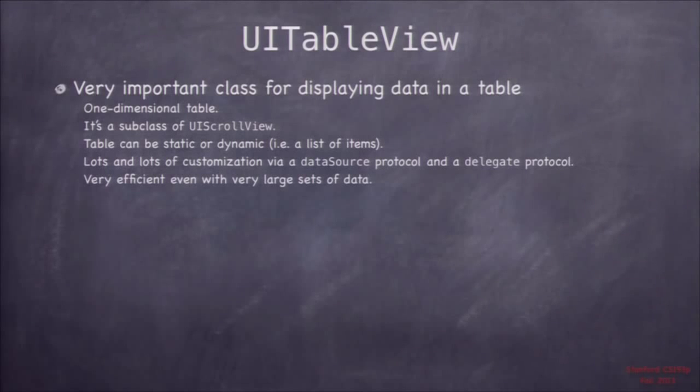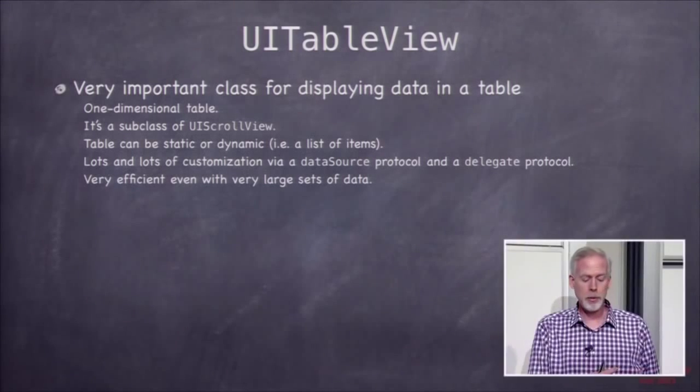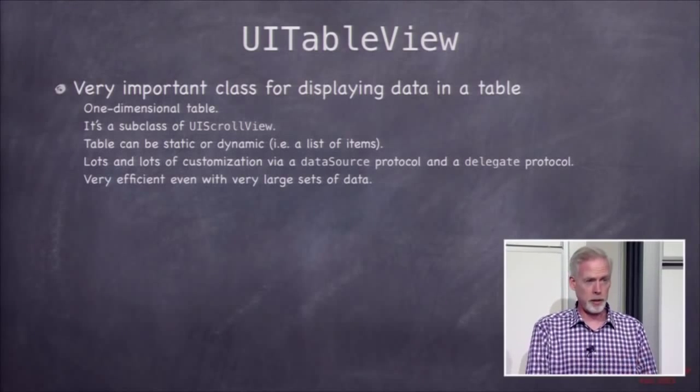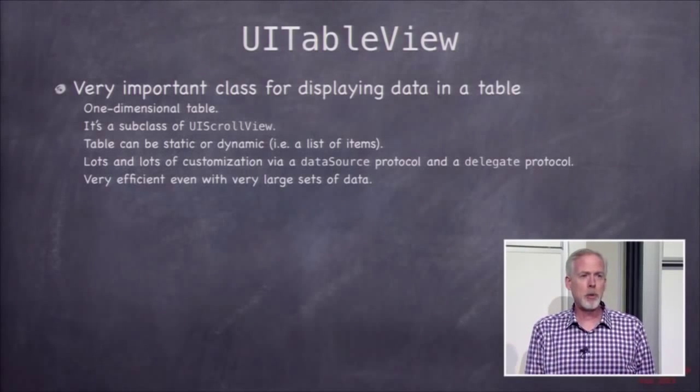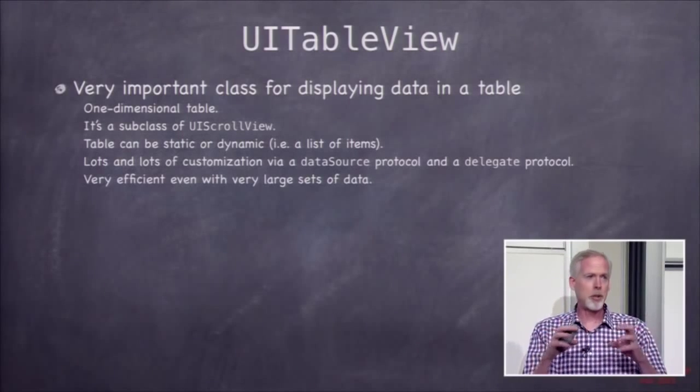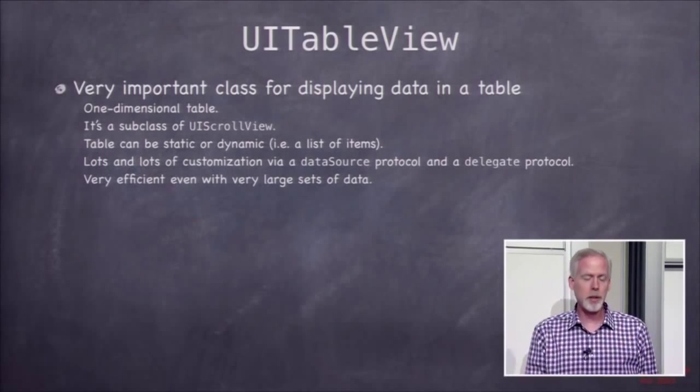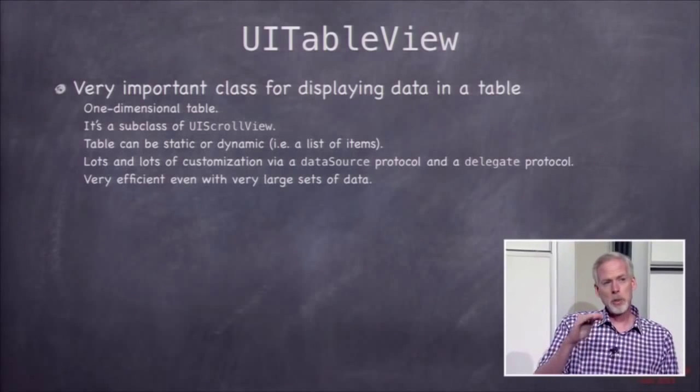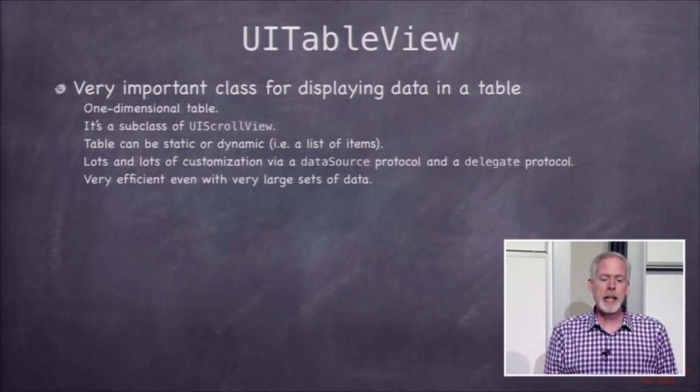This is a very important class because a lot of times the data that you need to display in your applications comes in the form of a list. Okay, and table view is basically a list view. It's a list of items. It's one-dimensional in that it's not like a matrix or a spreadsheet, although it can be divided into sections, which gives it a little more dimension.